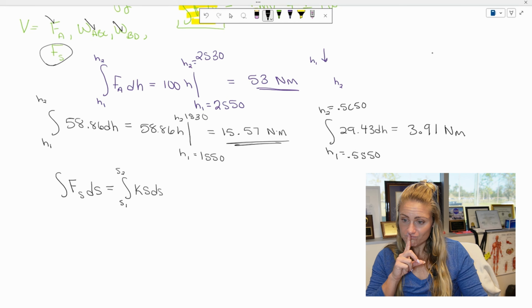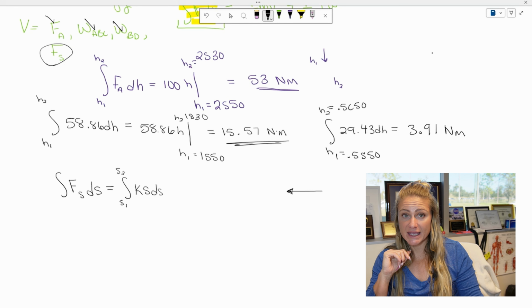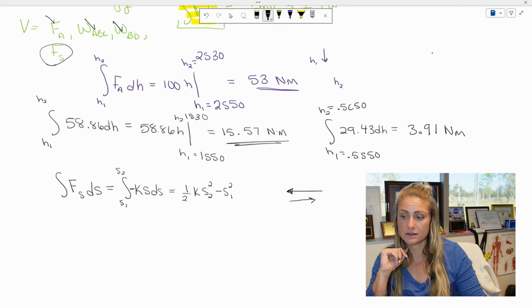Now, my displacement is going to be different than the direction of my force. They're opposite. The direction of my spring force is going in this direction, but my displacement, it's becoming shorter. So that means that this has to be a negative, okay? So this is going to equal 1/2 K times S2 squared minus S1 squared, okay?